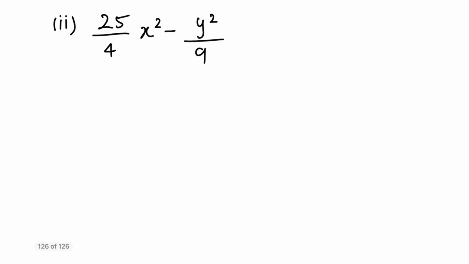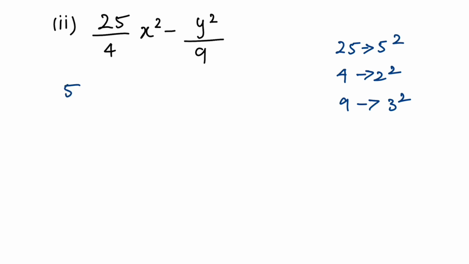Moving to the next subdivision, that is also going to be very similar to the question that we just solved. We have 25 by 4x squared minus y squared by 9. 25 is 5 squared, 4 is 2 squared, and 9 is 3 squared.